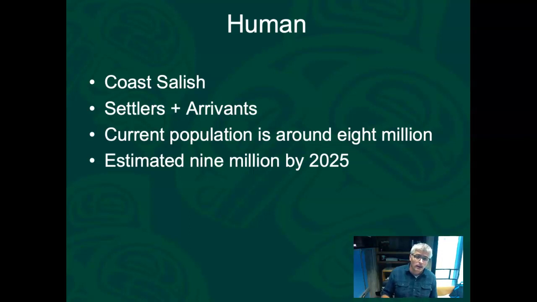And so the likelihood of us continuing to be one of the fastest-growing parts of the U.S. and Canada is likely to continue into the future, as is evident by one metric of our rising house prices, cost of housing. So we're likely to experience a ton of population growth.